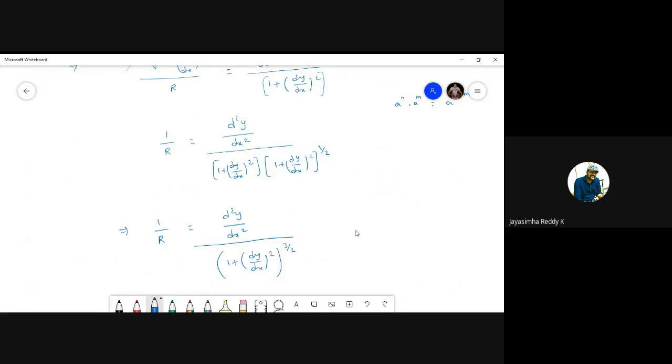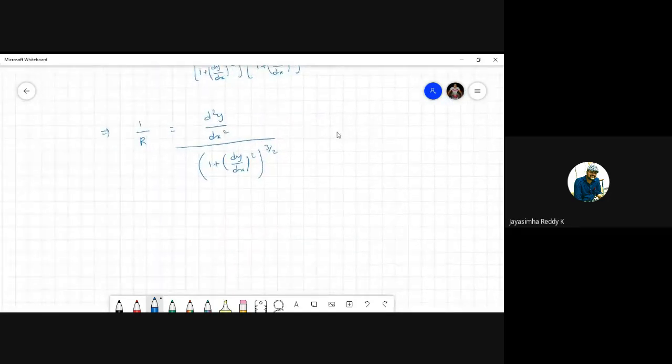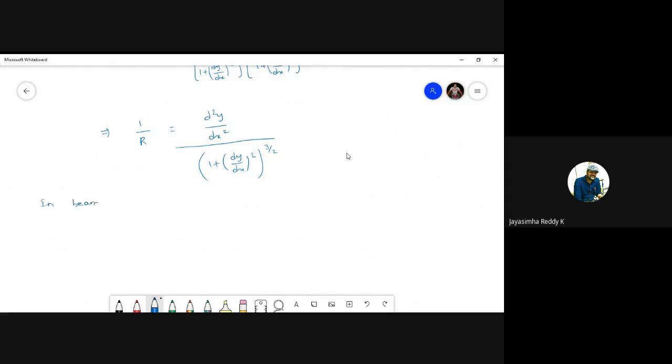Now this equation here, in beams, deflection and slope. So deflection is nothing but y, students. Slope is dy by dx. Okay, so we'll see how and why.